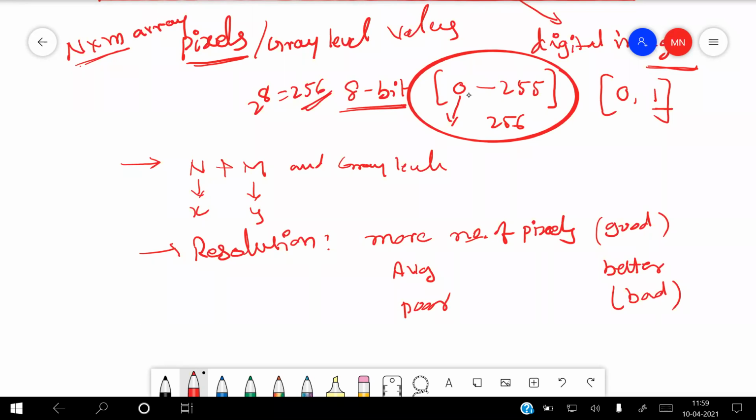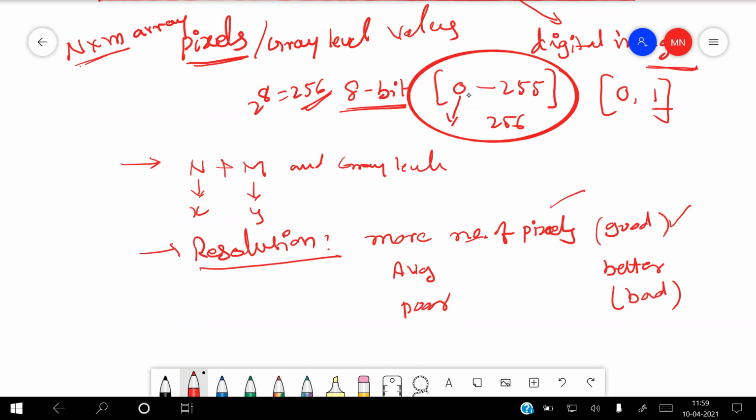So a good image is one captured with more number of pixels. Any resolution of a television system or display, whatever it may be, if it is of good quality and perceived in a good manner for human perception, then it is called higher resolution. That is why human eyes can perceive it well. If the human eye does not perceive it well, then it is a low quality image. So resolution depends on the number of pixels.